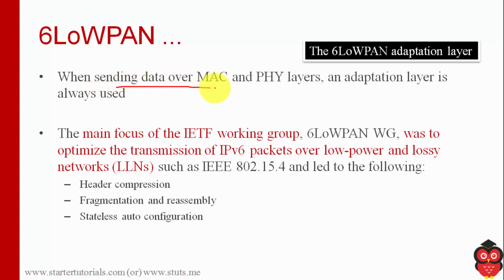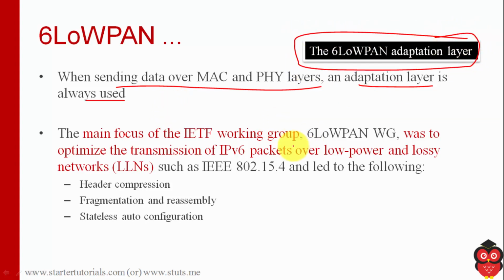While sending the data over the MAC and physical layers, the 6LoWPAN adaptation layer is always used. Now we are talking about the 6LoWPAN adaptation layer, and as I already told you, it was created by the IETF, Internet Engineering Task Force.